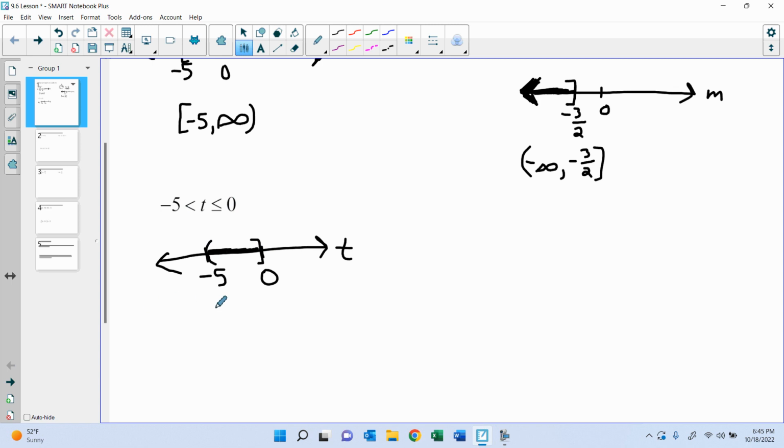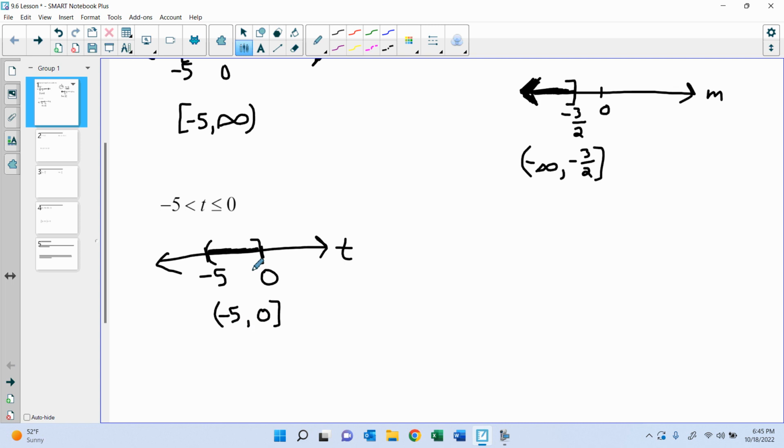Now to do the interval notation, again, super easy. You're going to have parenthesis on one side, bracket on the other, because that's what this has on our number line. -5 is the smallest number, comma, 0. So that means that every number between -5 and 0 is what makes this true.